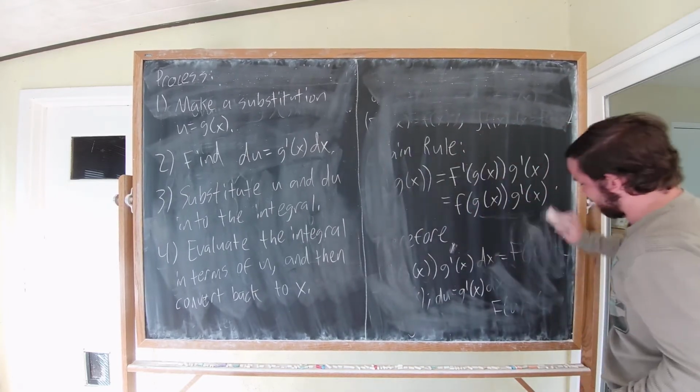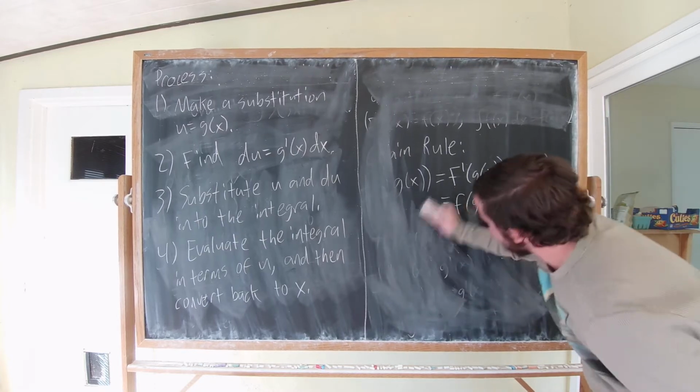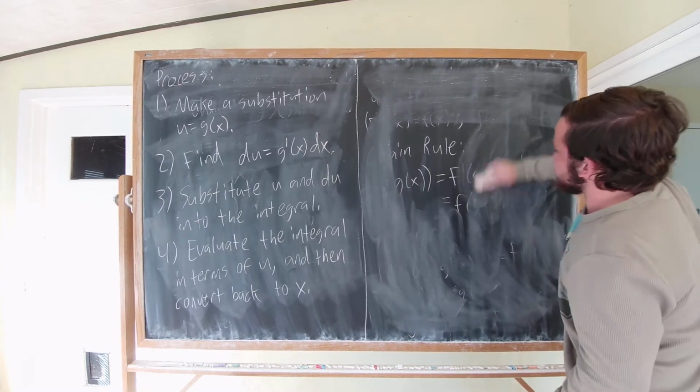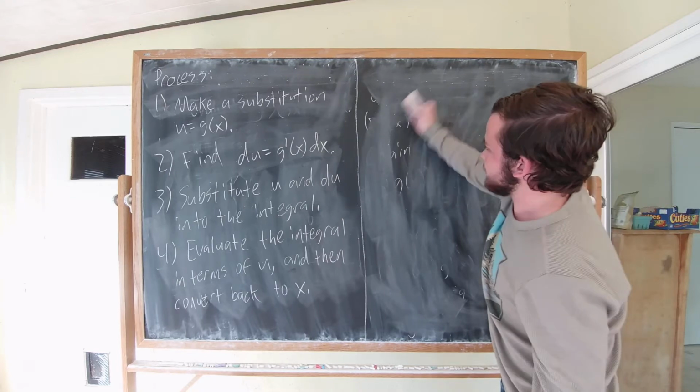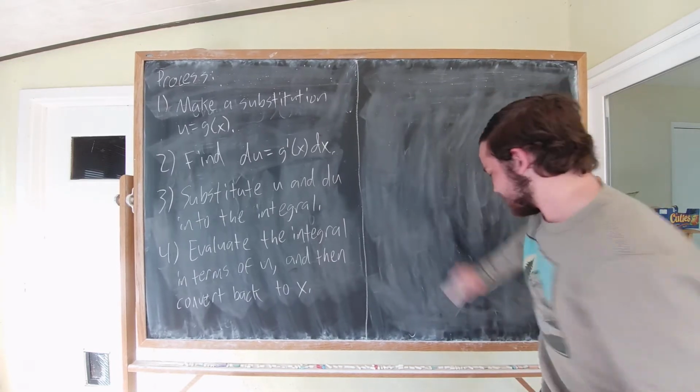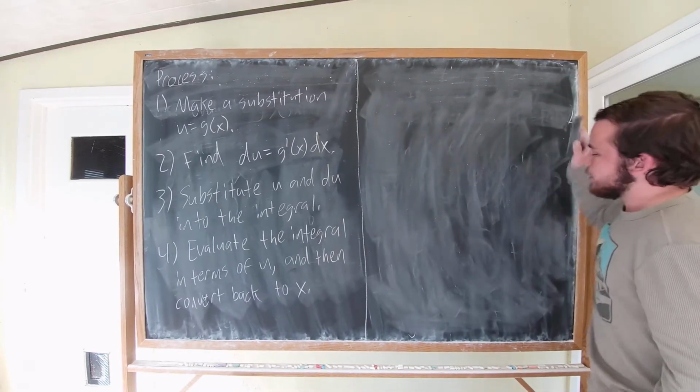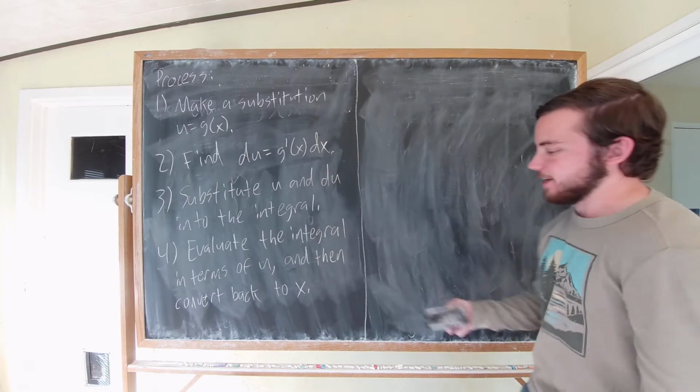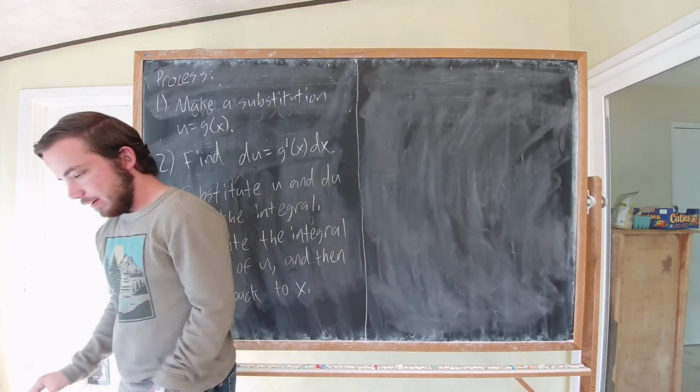So let's do a few examples of this. And this, more than anything else, is something that you just need to practice a lot. The more practice you do, the more facile this will be for you.